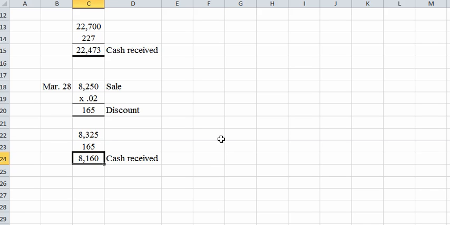So let's talk about that again. That's a little bit confusing. You take the sale itself times the discount rate, right? The sale is coming from the 19th. Vista Company, $82.50 was the amount of the sale. A 2% discount gets us to a discount of $1.65. But you have to subtract that from the total that Vista Company owes us.